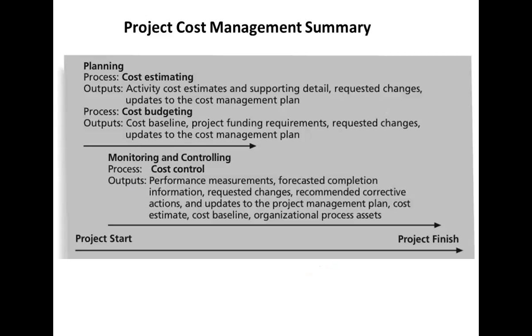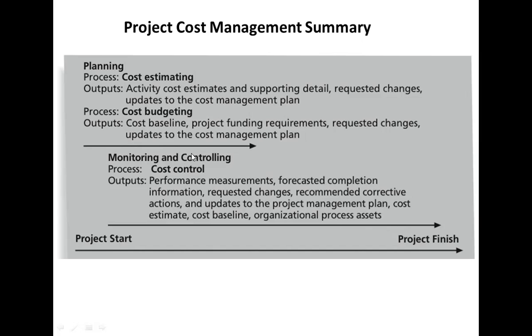So this is the cost management summary. You can actually use this to look at in which stage of the project these activities are carried out. Okay, these arrows show you the time: this is the project start and this is the project finish.